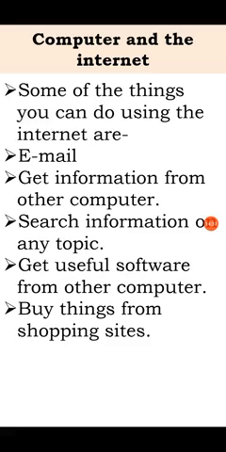So using the internet, you can do email, get information from other computers, and search information on any topic. On Google you may search any information on any topic. Get useful software from other computers: from the Google Play Store you can download any kind of software.